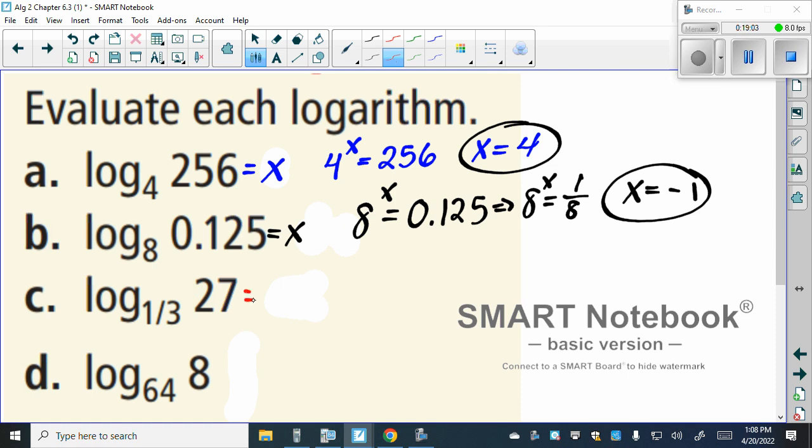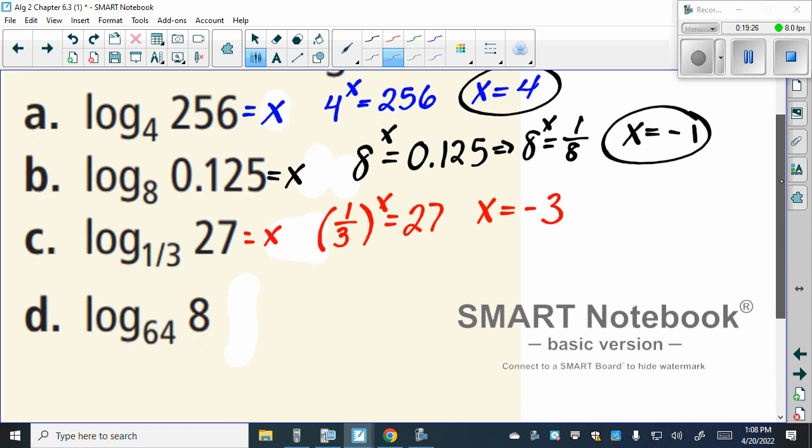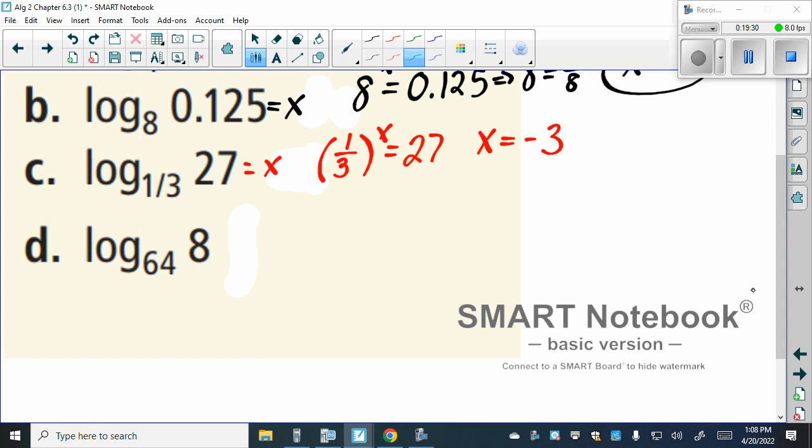Now for C, again, when we rewrite it in exponential form, we'd have 1/3 to the x equals 27, because 3 to the 3rd would be 27, and since we're going from a fraction to a whole number, it would be negative. Let's look at the last one.